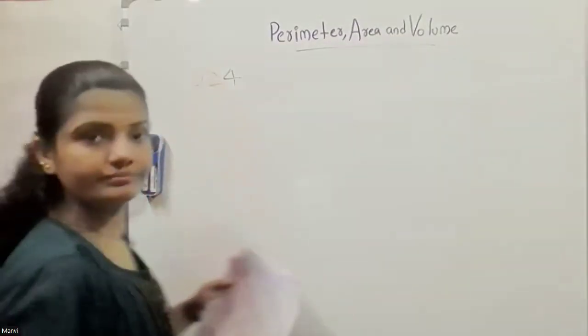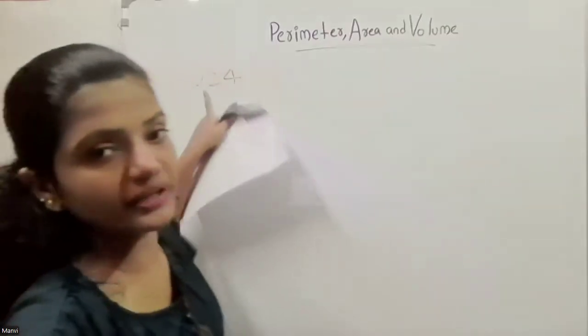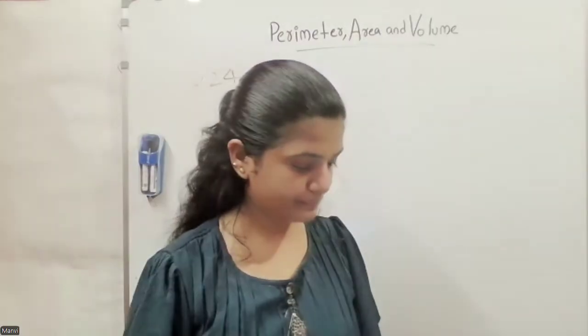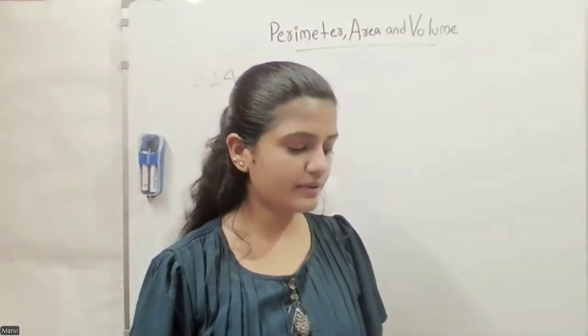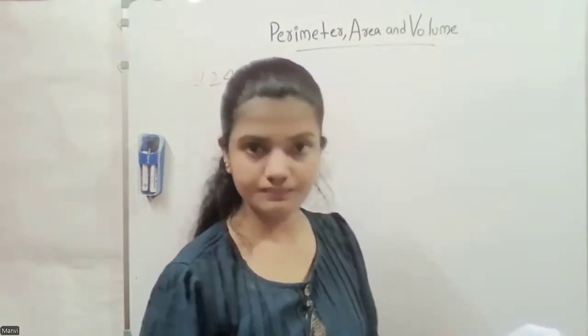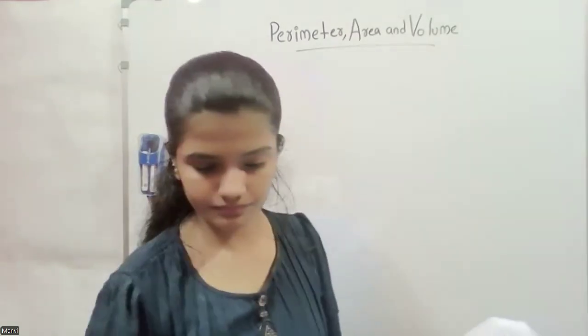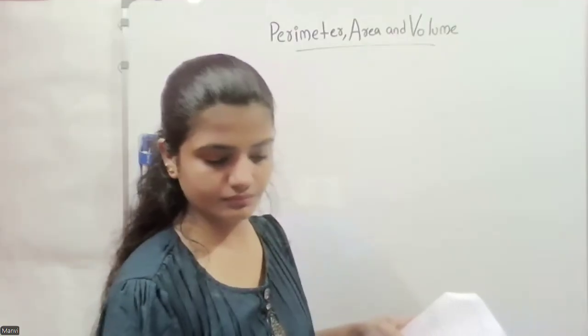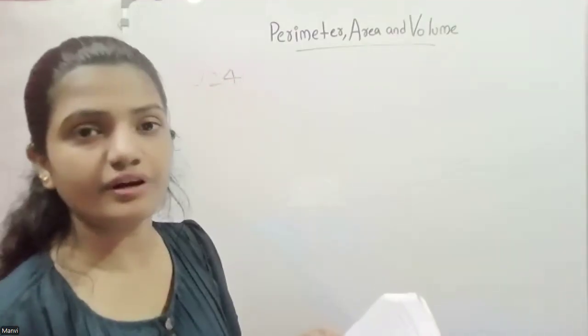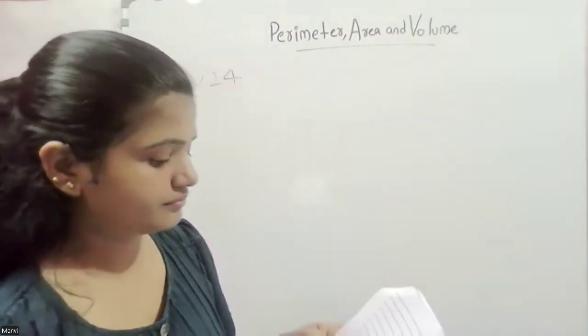Hello. Please do question number 24 from your sheet, Kavya. The height of parallelogram is 2 centimeter, base is 4, find the area. 22, right? No, 24, Kavya. Oh, 22.